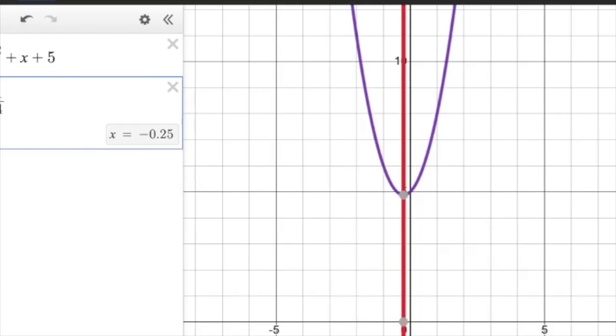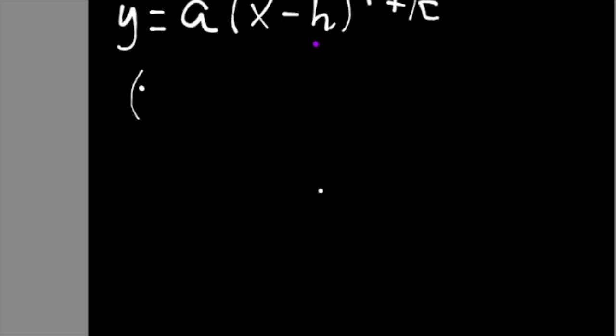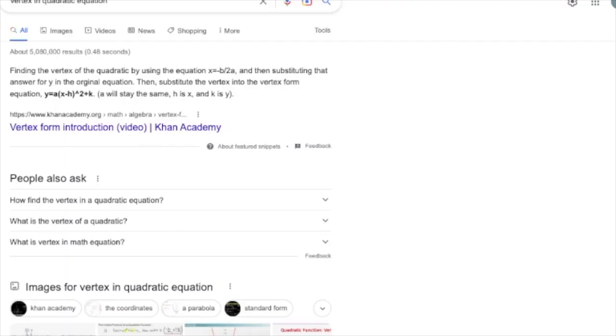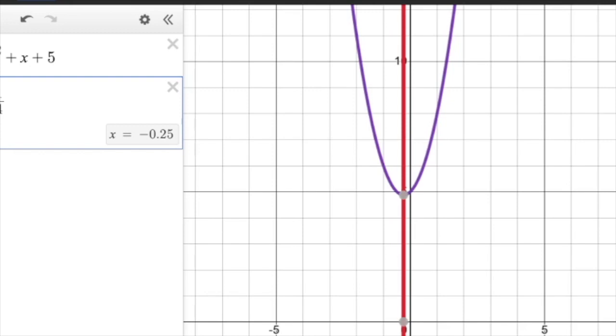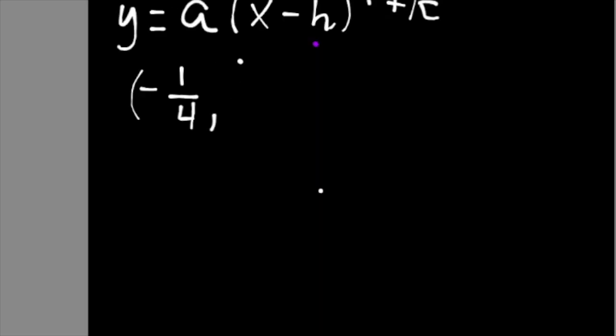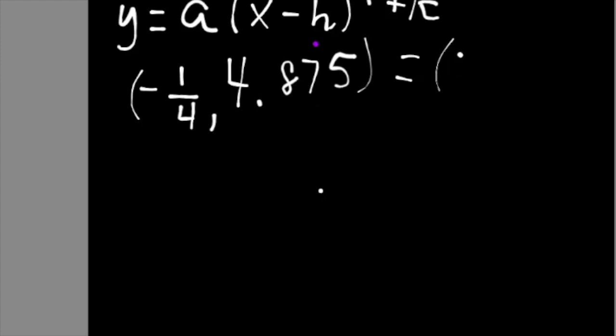And our y value at that point was 4.875. Okay, so now we know we have negative 1/4 and 4.875 as our h, comma, k.